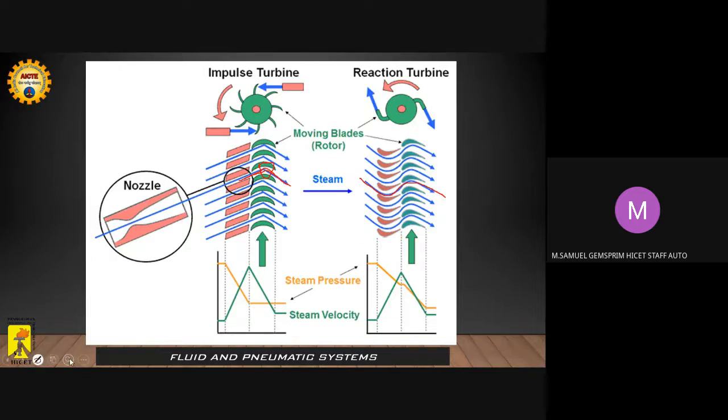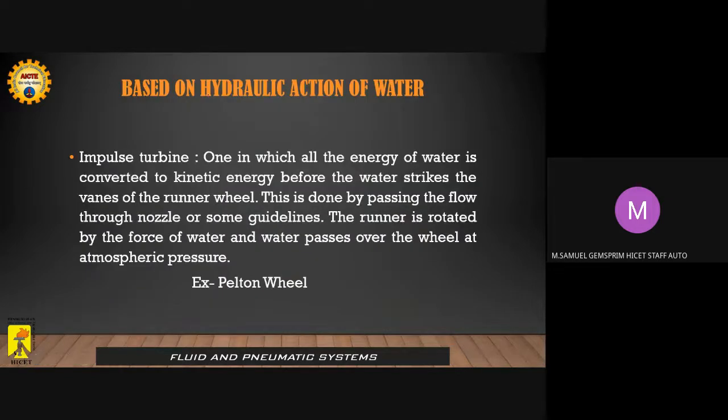Yeah, next we move on to the next thing, based on hydraulic action. So the kinetic energy of water gets converted from hydraulic energy to mechanical energy.